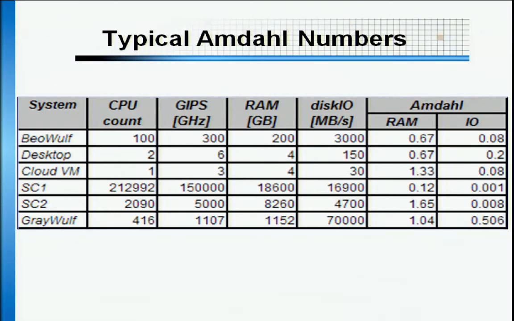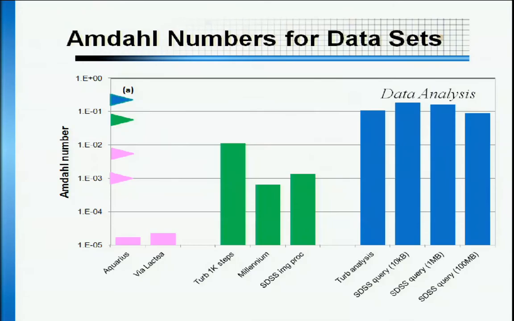However, it turns out that eBay is running a system with an Amdahl number of 0.85. And IBM built a flash version of the blade for their Blue Gene Q, which also has an Amdahl number of about 0.8, where they put a bunch of flash on board of the Blue Gene Q card.